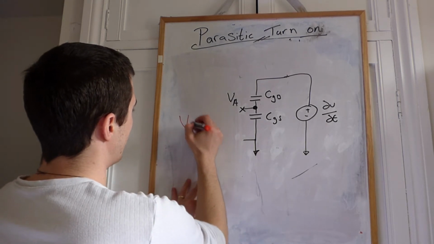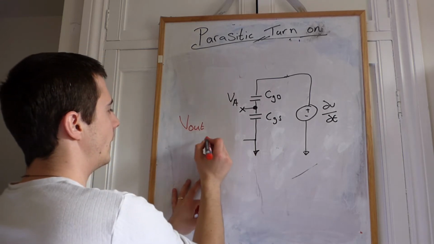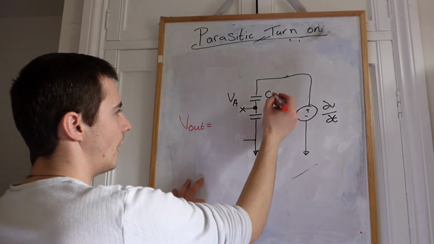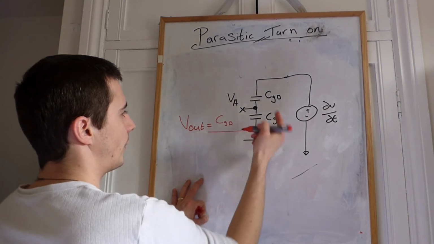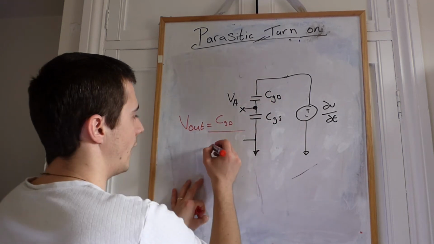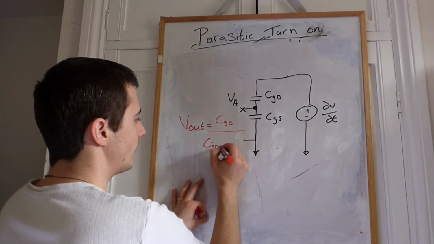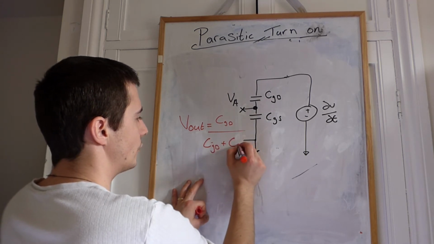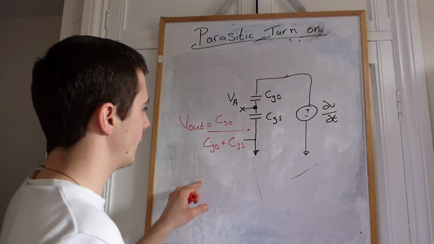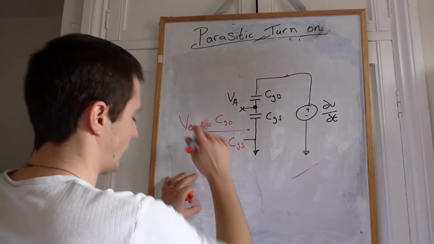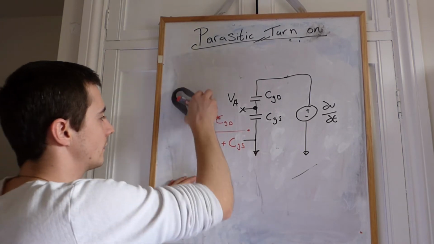is that the output voltage is simply equal to the top capacitor CGD divided by that plus that, so CGD plus CGS multiplied by your input voltage. So I've written this really poorly, I'm going to move that a bit over there.